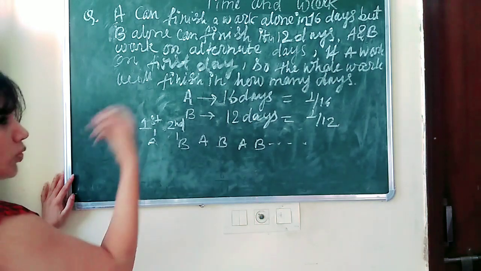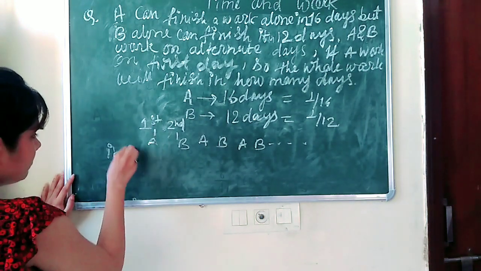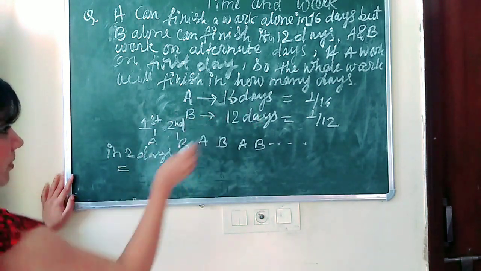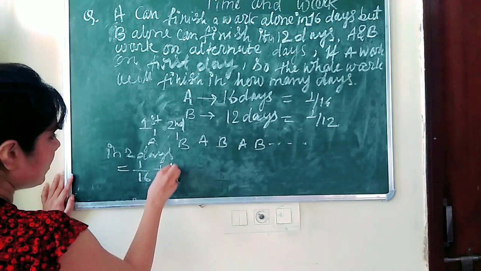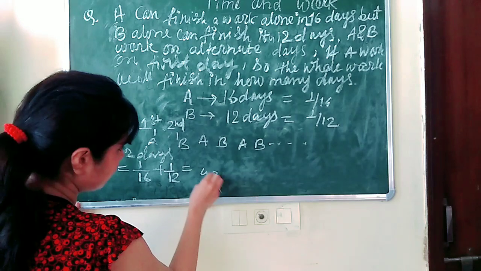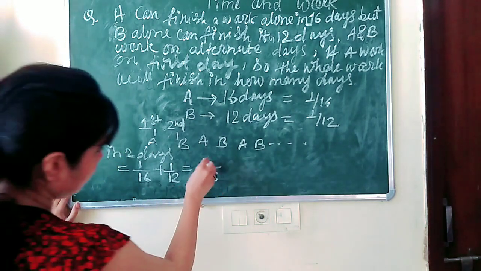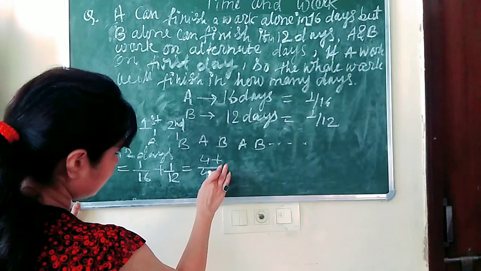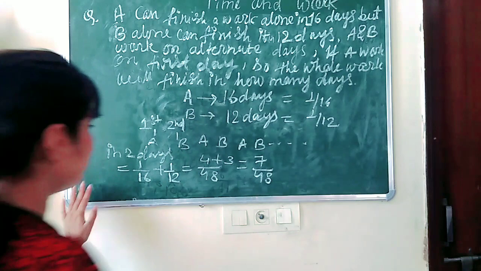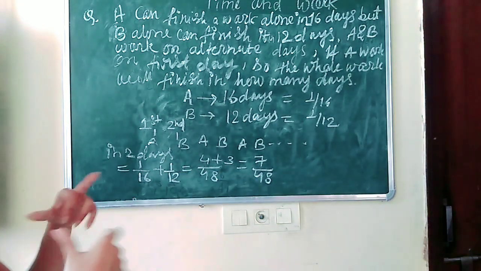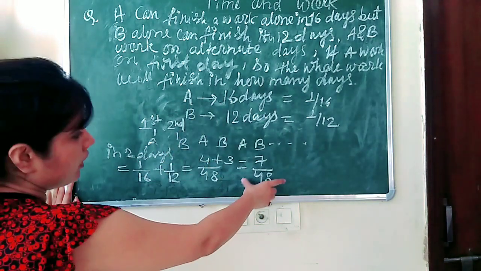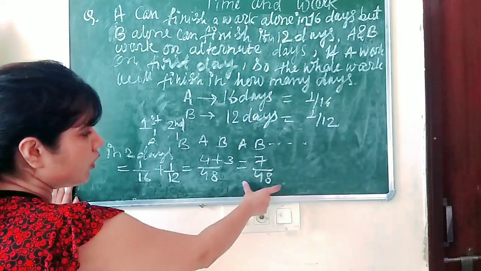So the total work in 2 days, done by A and B, will be 1 by 16 plus 1 by 12. So we simply take the LCM. We will get 48, and this will be 4 plus 3, that is 7 by 48. So this is the amount of work done by A and B when they were working alternately, the total work for 2 days.